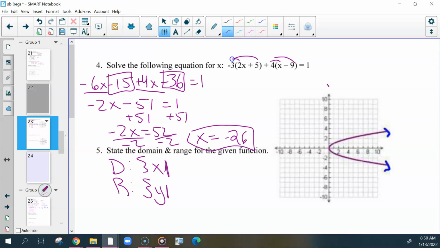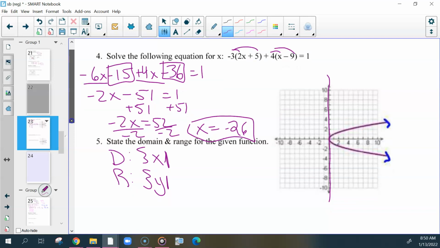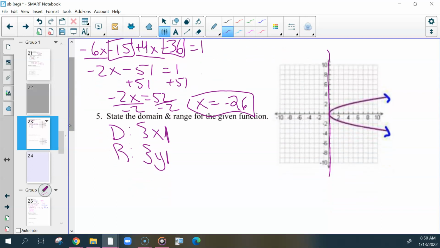It has a starting place, so it can't be all real numbers, and it doesn't keep going in both directions. What was the domain for this one? Yes, so x is greater than or equal to 0. Starts at 0, and then it's everything to the right, so it's everything greater than or equal to 0.